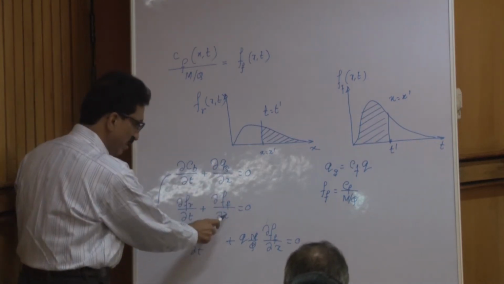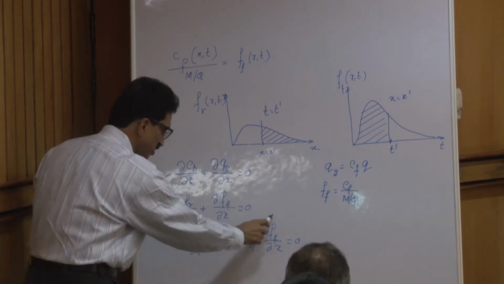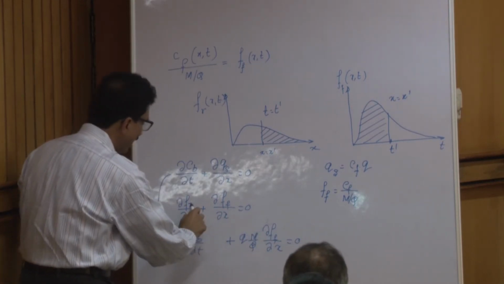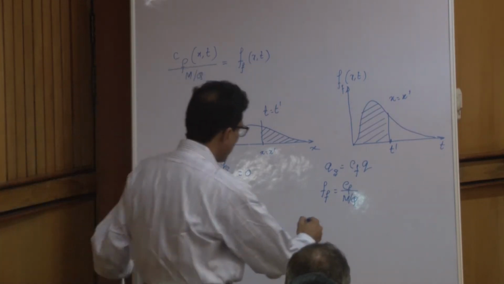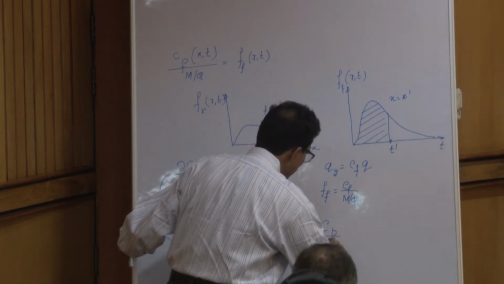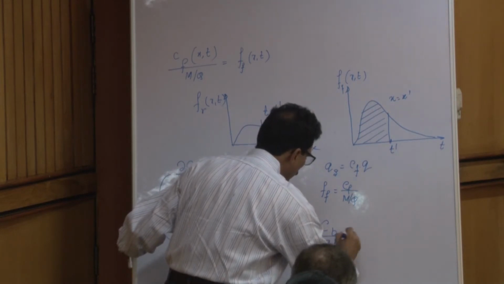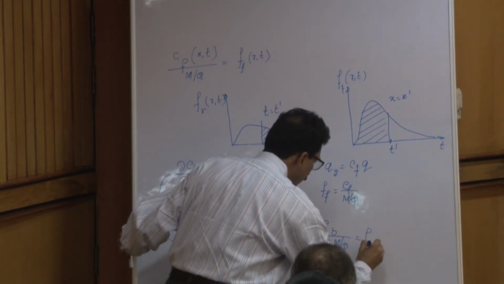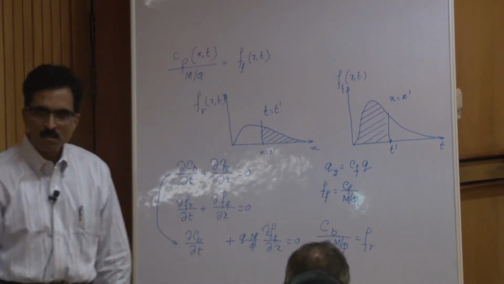So if this is del F del X for the flux concentration, I have over this F sub R then must be equal to C sub B divided by Q, this is equal to F sub R, right?